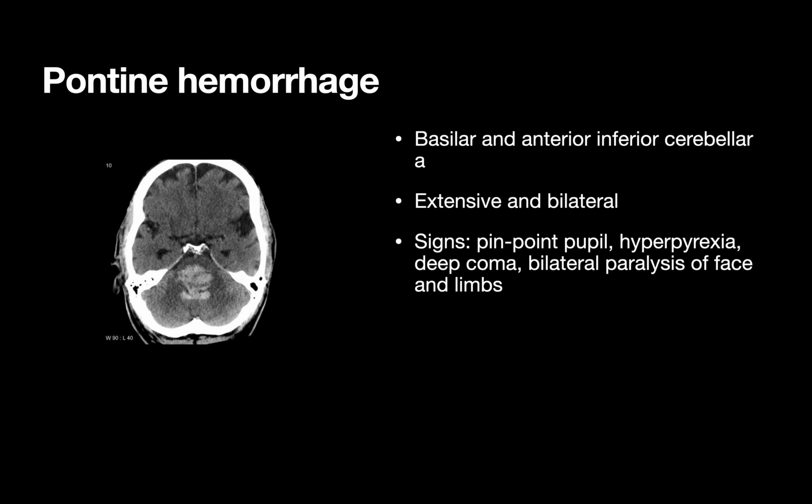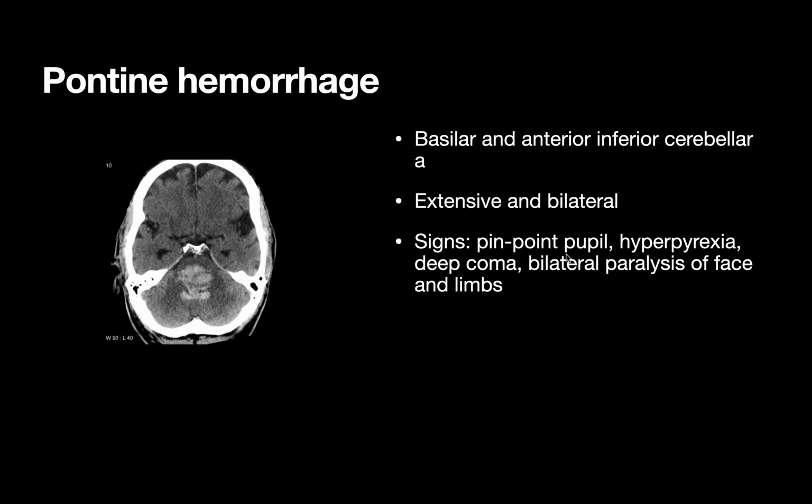In a pontine hemorrhage, usually due to the basilar artery, it is going to be very extensive and bilateral. The anterior inferior cerebellar artery, remember how it was arching over the pons, would greatly affect it as well. So the signs are going to be pinpoint pupils.